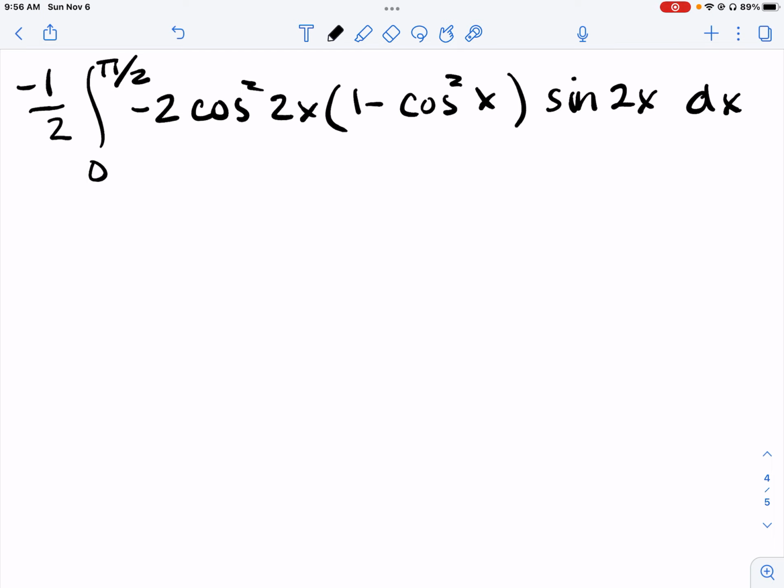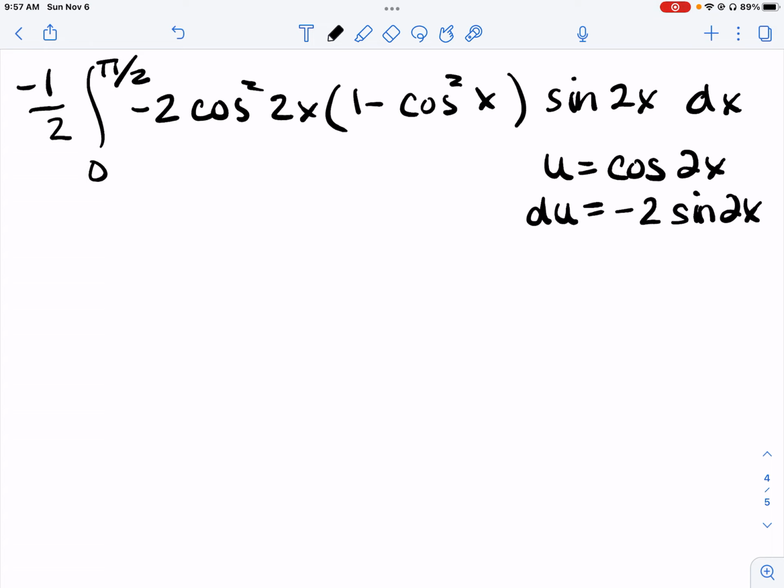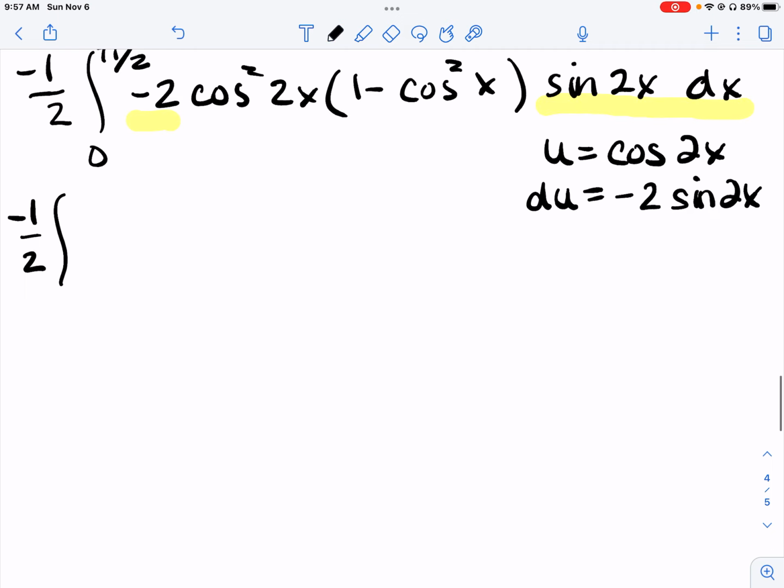Okay, u equals cosine 2x. du is negative 2 sine 2x. Negative 2 sine 2x is all du.